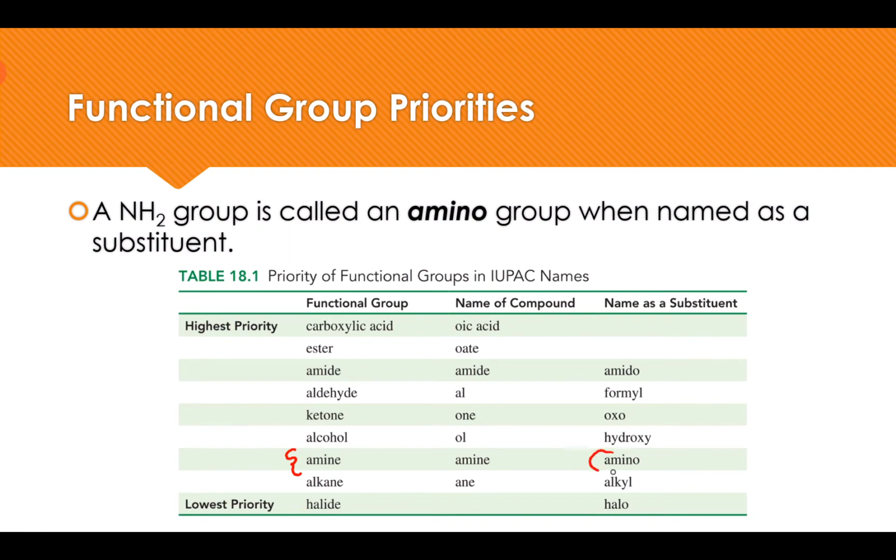And as a prefix, it is amino. Think of amino acids. They will have both an amine functional group and a carboxylic acid functional group. Carboxylic acids are higher priority though, so it's known as an amino acid, not a carboxylamine.